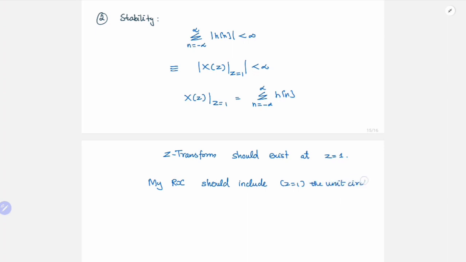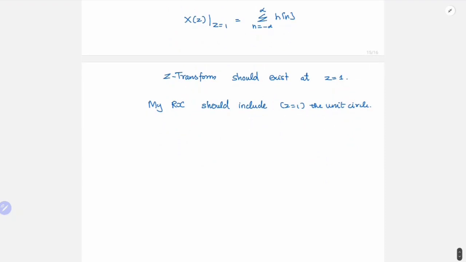So this is where the importance of the unit circle comes. Or in other words, I can say it the other way, right?